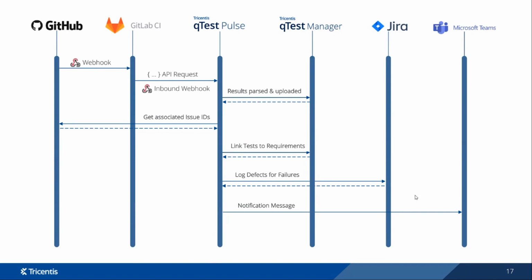That could then hit an inbound webhook that's managed in Pulse to leverage an API to create my test case, pull the GitHub repo to grab the associated requirement IDs, automatically link those requirements to my test cases, make an API call to my backlog management tool to log a defect into Jira or ADO boards or others, and invoke a ChatOps webhook to send a real-time event notification to my development organization.